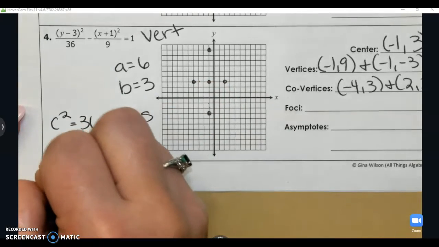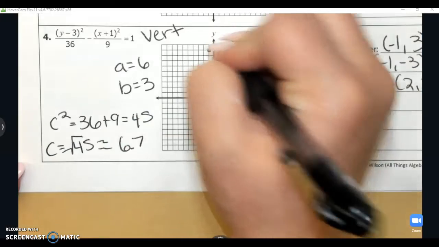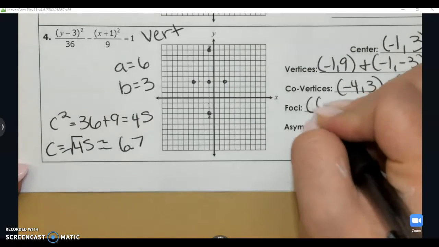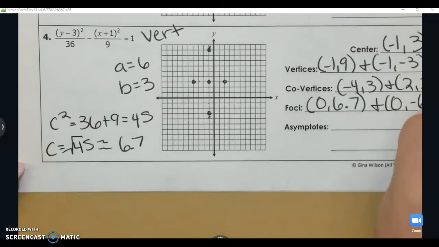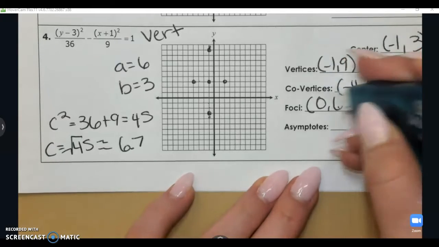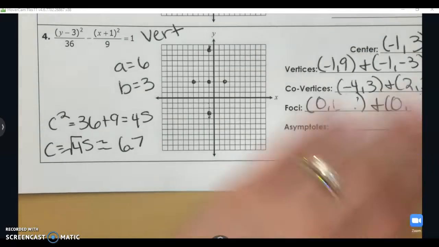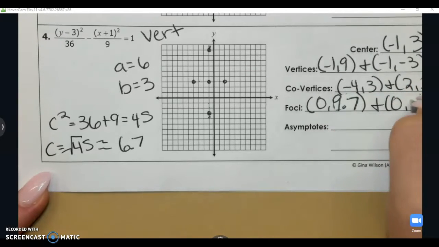The square root of 45 is about 6.7, so those are going to be really close to my vertices. Oh, and I messed up when putting those coordinates. It's 6.7 above the 3, and then 6.7 below. So that's going to be 9.7 and -3.7.